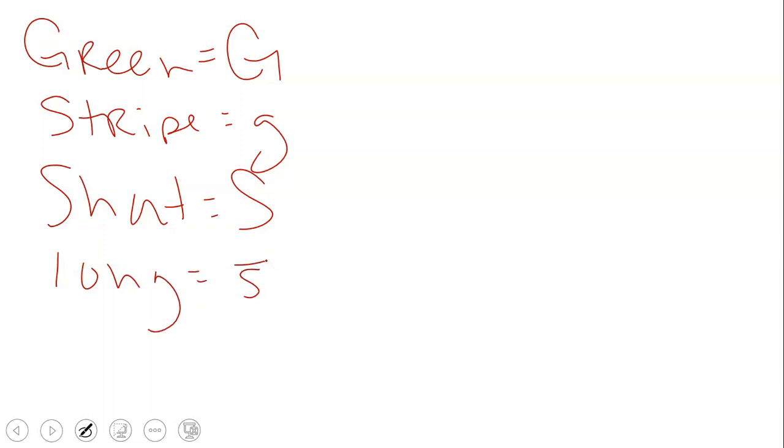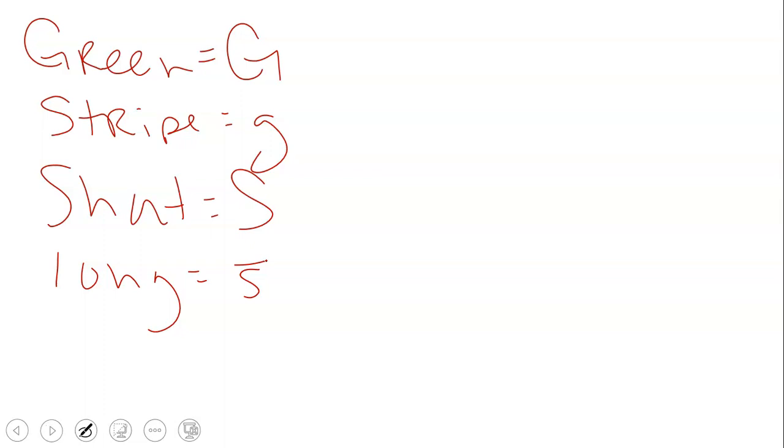Now remember, you can choose any letter to represent those alleles that you want. I just chose G and S here, but you can pick whatever you want. Then it says, suppose a true breeding, and when you hear true breeding, you're thinking homozygous, short striped fruited plant. Short with stripes, true breeding.